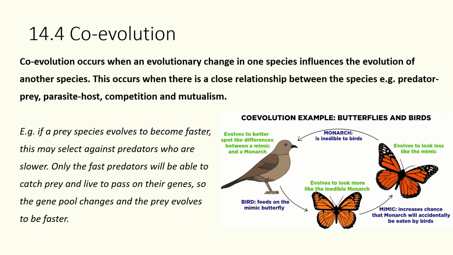And the mimic increases the chance that the monarch butterfly will be accidentally eaten, because you've got a bird that's eaten a mimic and has gone, oh, that wasn't too bad, so it might eat a monarch butterfly. The monarch butterfly then evolves to look less like the mimic. It's inedible to birds. Birds evolve to then be able to spot the difference between the mimic and the monarch, and so on and so forth.